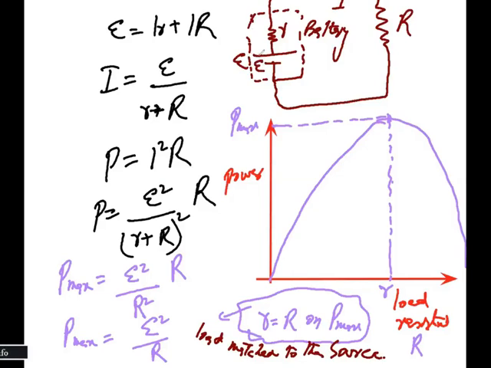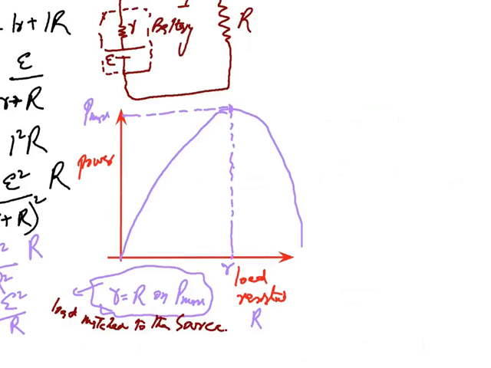So if I ask you to calculate the power dissipated in this resistance R, you will use the equation P is equal to I square R. If you are interested in the small resistance r, it is I square r.